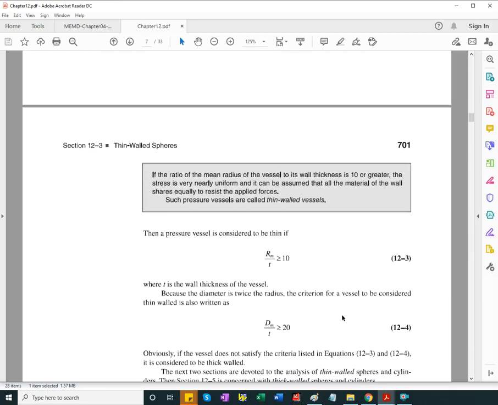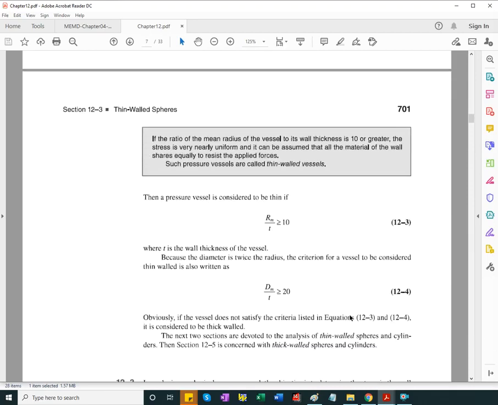The analysis that we'll be doing is based on 2 sets of equations, 2 assumptions based on the proportion of the thickness of the wall to the overall size of the diameter or radius of the tank. So we call a tank thin-walled if the ratio between the mean radius and the thickness of the wall is greater than or equal to 10, or mean diameter over thickness is greater than or equal to 20.